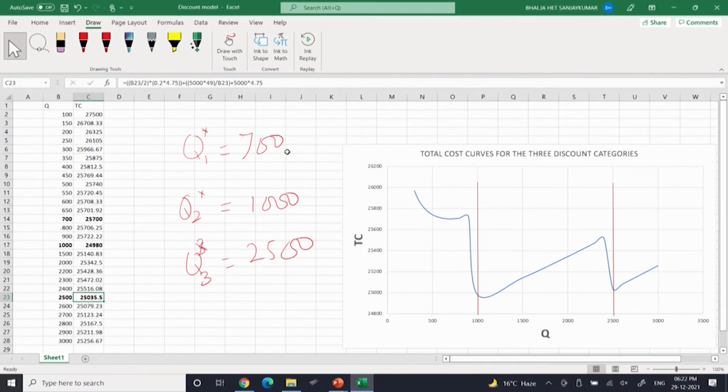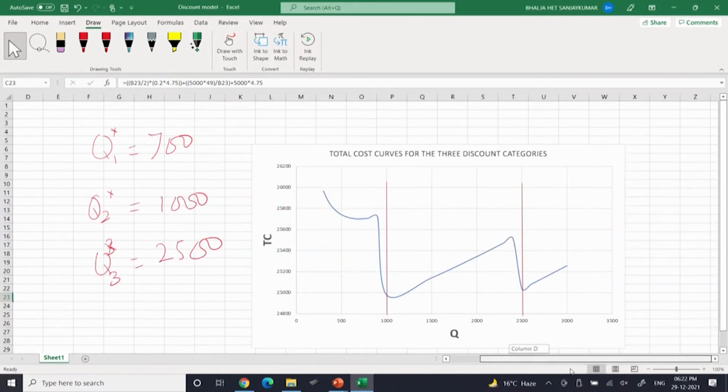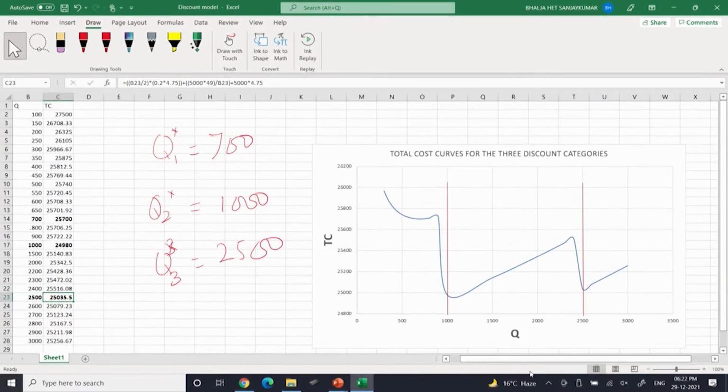When I plot that, on the right hand side you can see the figure. The total annual cost is less if you order 1000 units, but when you go for 2500 units, our total cost is above 25,000. So, by looking at this figure, we conclude that ordering 1000 units is the most optimal ordering quantity for us.